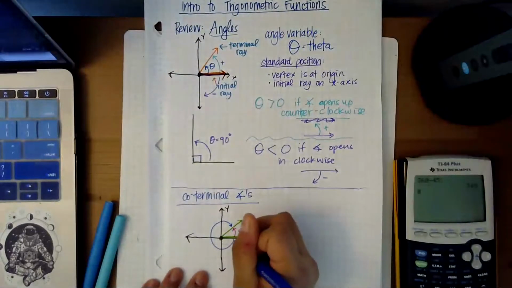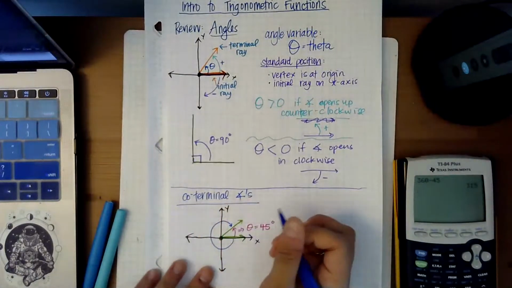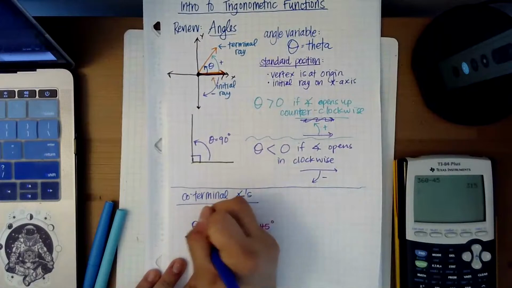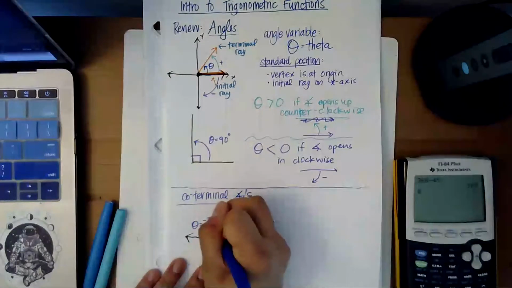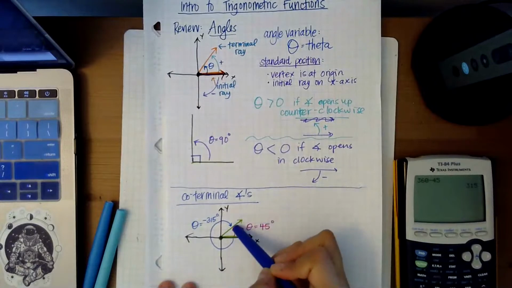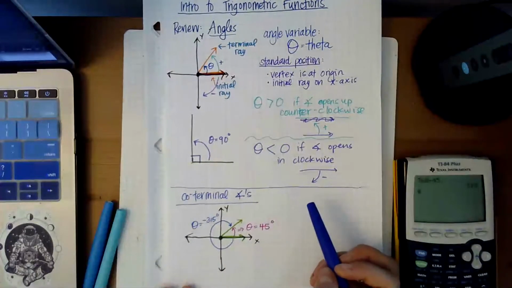But now notice that I traveled in a clockwise position. So now this angle that I traveled is negative 315 degrees. However, they are coterminal, so they are sharing the same rays. It's just the analysis of the direction that I'm taking it on.